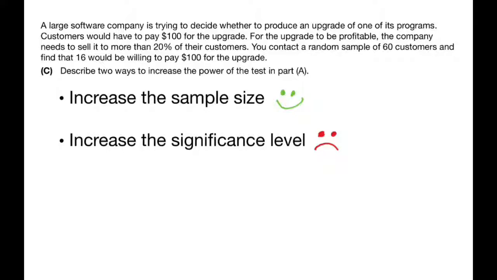Don't fall victim to this good versus bad thing on a test. If I asked you what ways can increase power and you only tell me about sample size, that would be a problem. If this is a multiple choice test and I'm asking you about power, the choice with the larger alpha or the larger significance level is the answer, even though it's less desirable. So don't let that good versus bad mix you up.